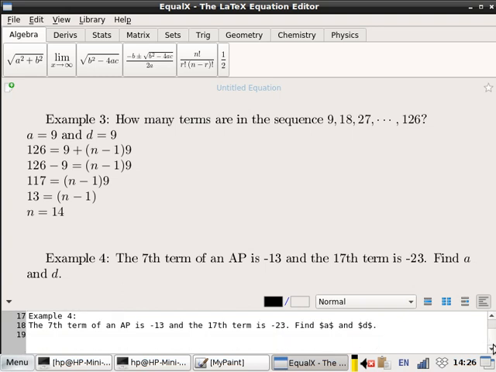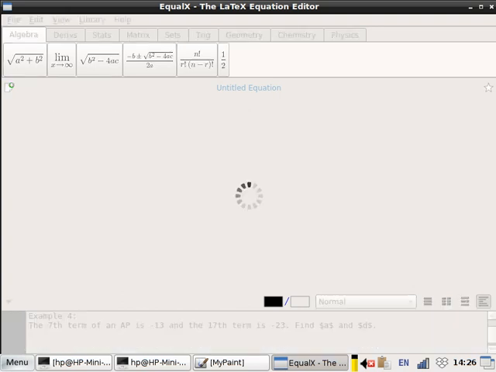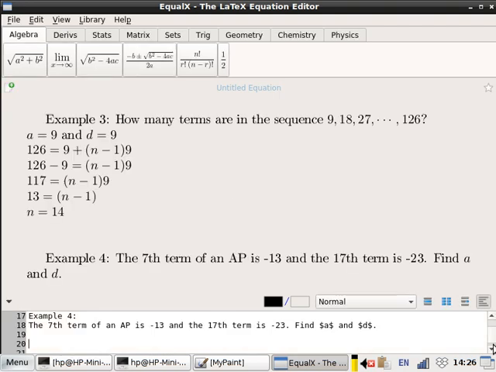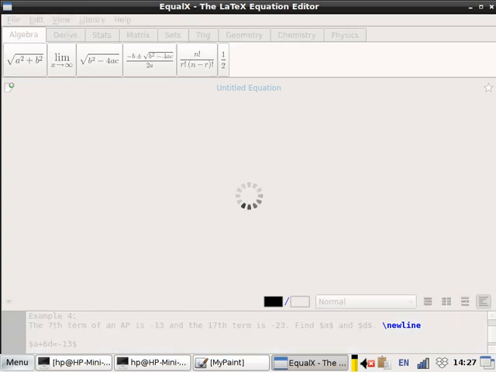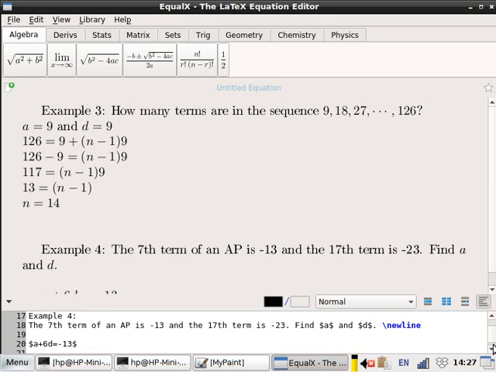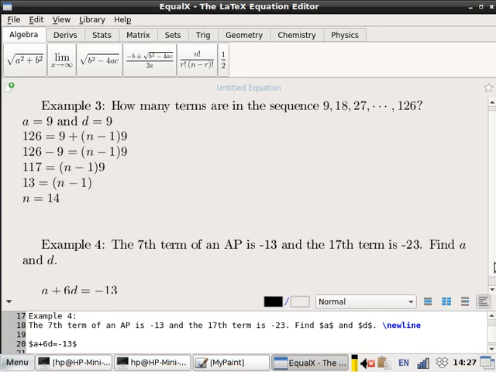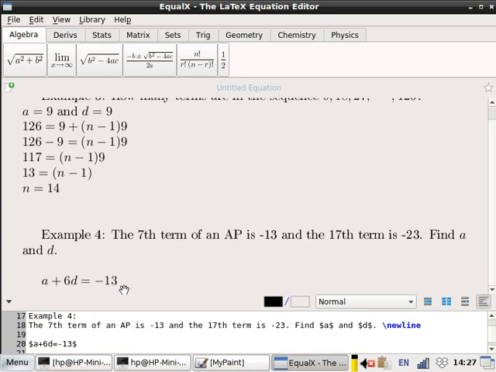What's my first formula there? If I look at the 7th term is minus 13, how could I write that as an equation? A plus 6D equals minus 13, because it's n minus 1. So this is me saying that the 7th term is minus 13.